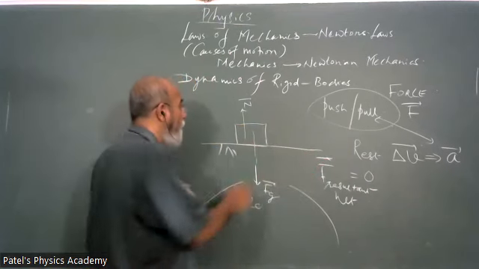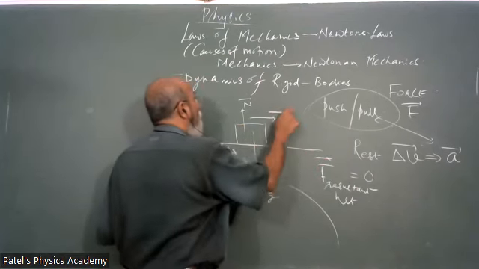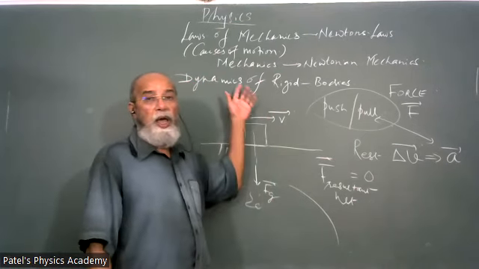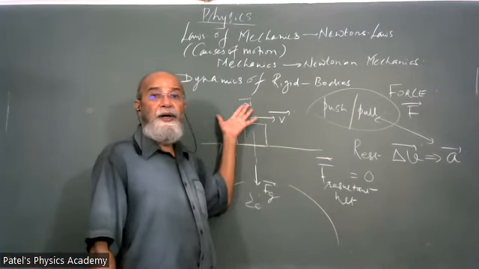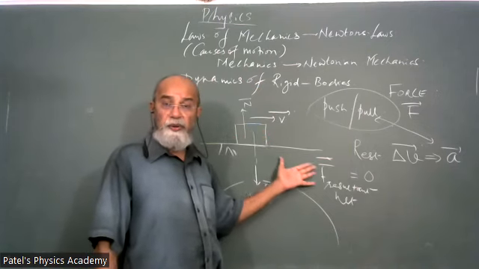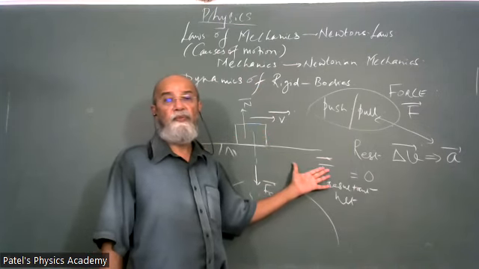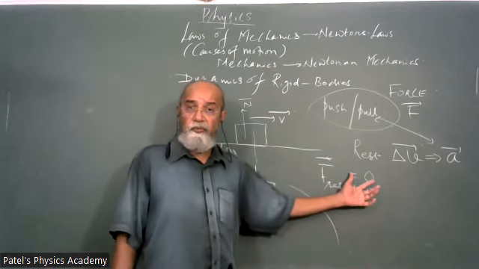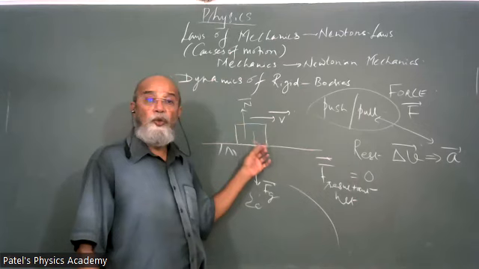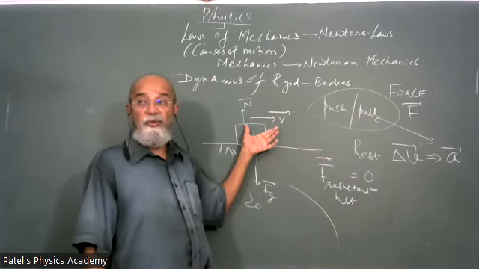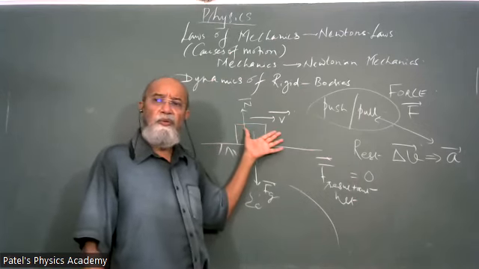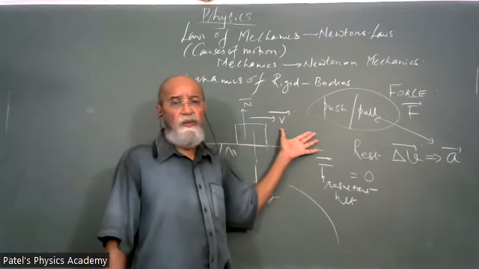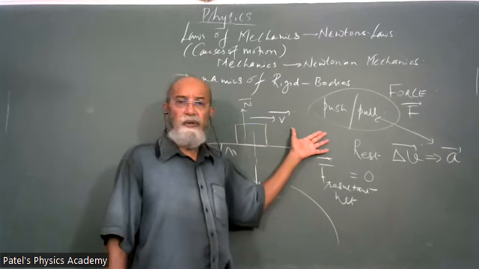If the body was in motion, and when I added up all the forces, they added up to be 0, then this object, to start off with, it was in motion, it will continue to be in motion with the same speed, in the same direction.